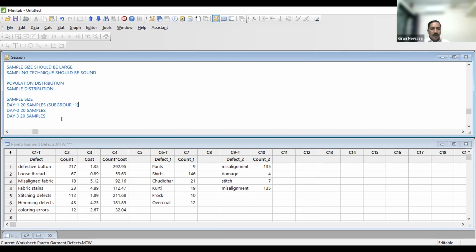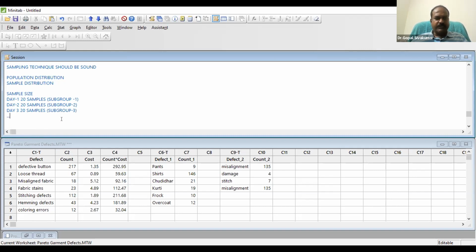20. And now subgroup 2, and then subgroup 3. Like this, I want you to collect data for several days.